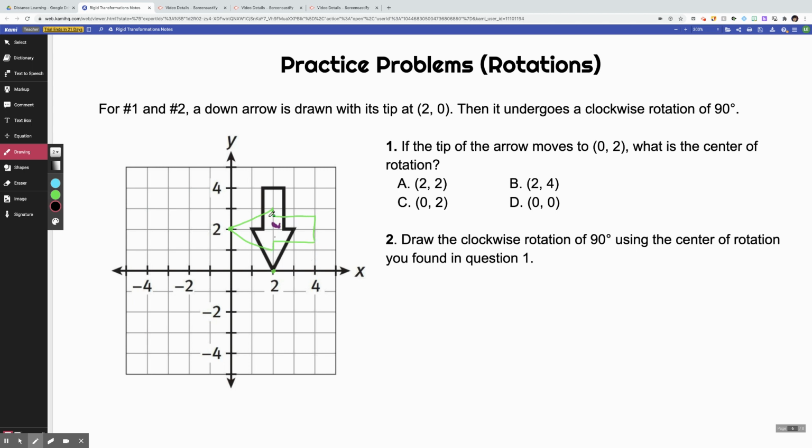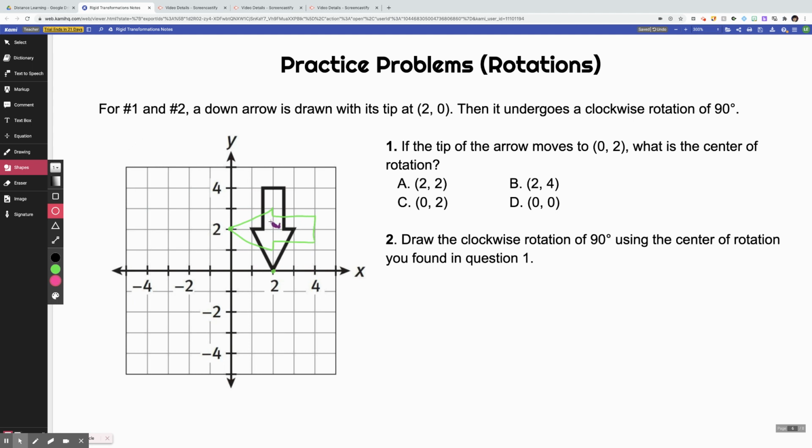So the question is, where is it rotating around? The rotation point should look like the middle of a circle, almost. So I can actually draw a circle on here. I'm going to do this a slightly different way.